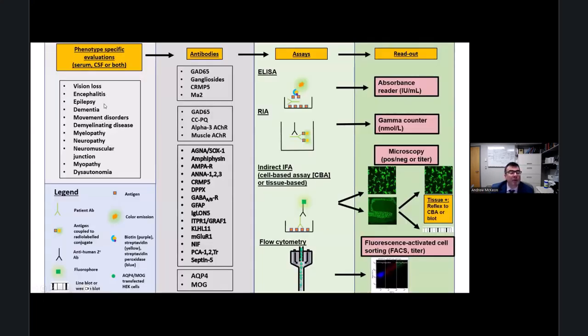So on the left side, you see the evaluation. In the middle section, you see the suite of autoantibodies that is offered, from which an evaluation is composed. And then you see in the light green section the different assays that are brought to bear. And so for each analyte, there is an optimized way of testing for that antibody.